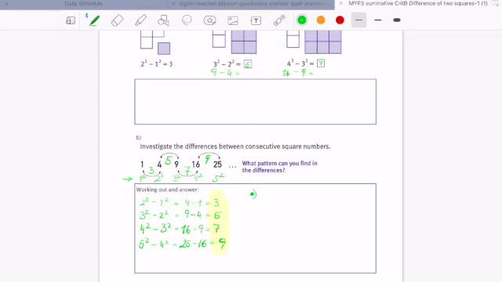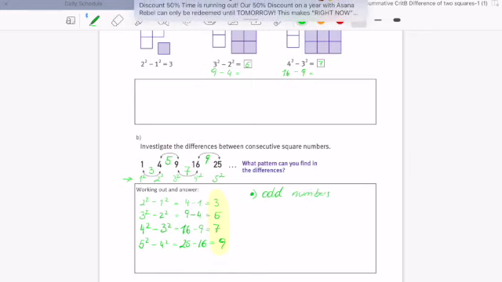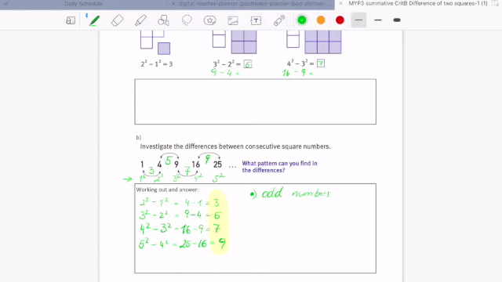So the first thing that you could notice is that all of these are odd numbers. The second thing that you could notice here is that you add 2 each time. So these are the two main findings that you could have done here.